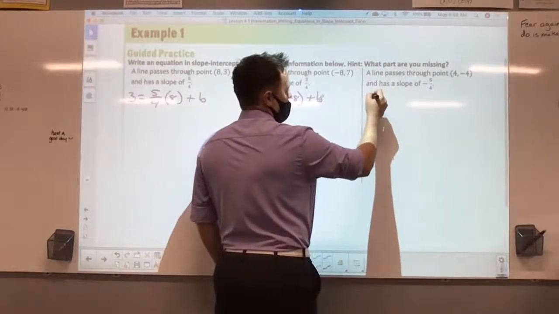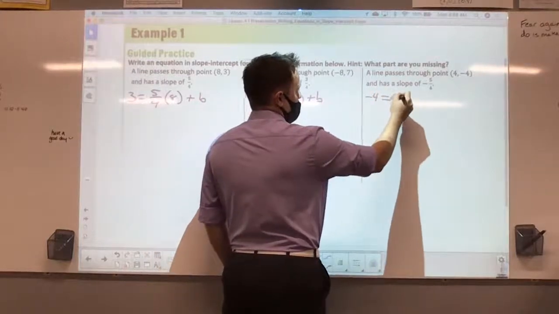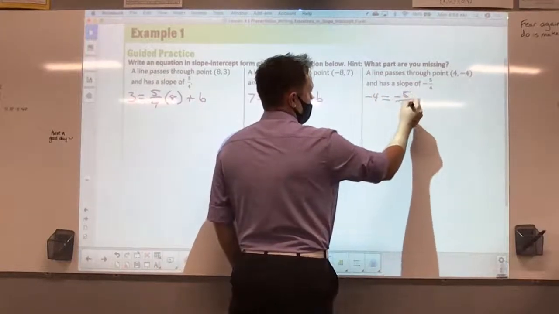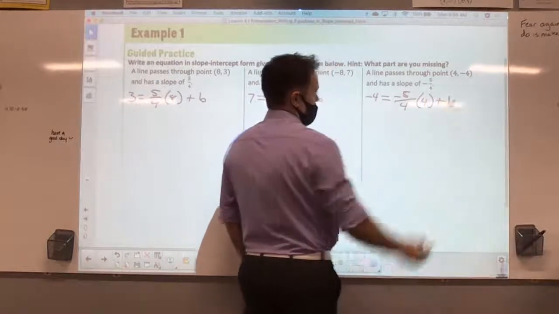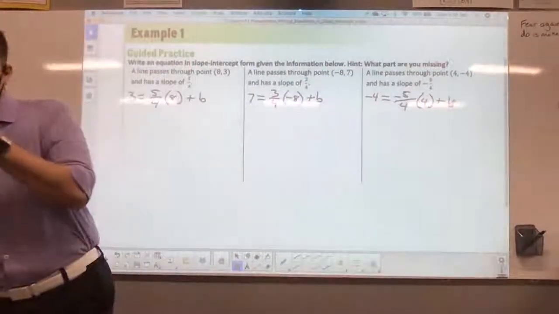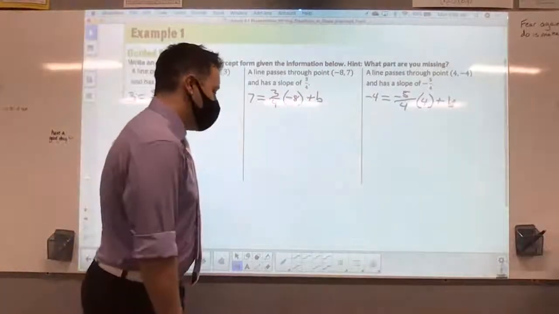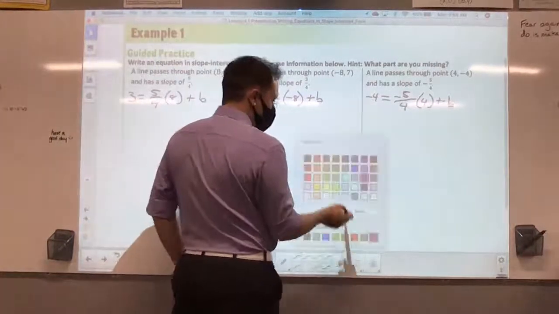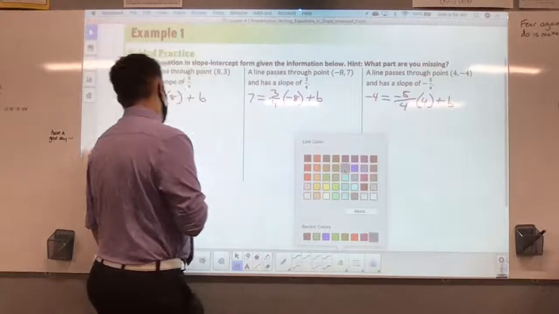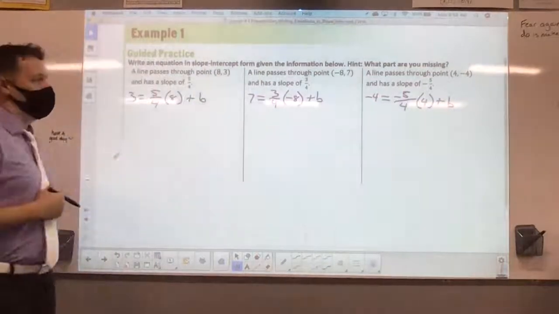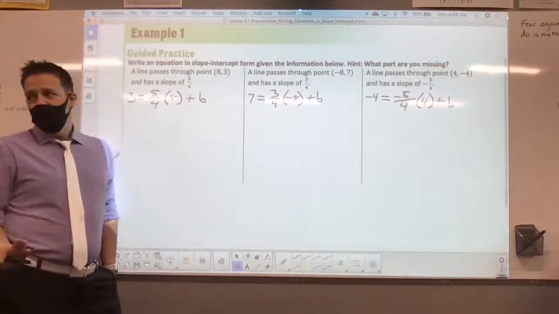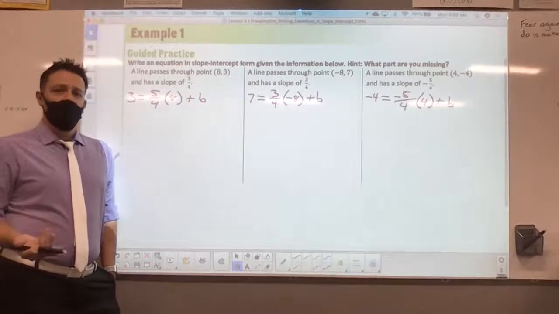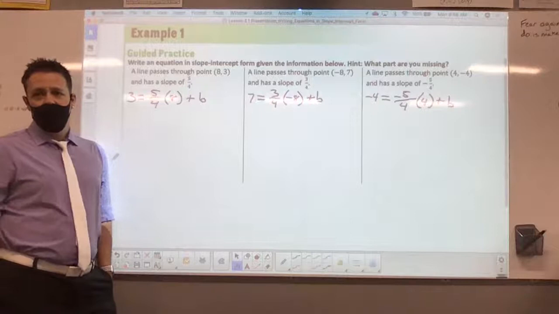Y equals mx plus b. If you get tired of hearing me say that, I apologize, but ladies and gentlemen, that's how you're going to have to do this. Understand when you're writing stuff down what it means. Nobody in here is going to enter the business realm and write stuff down on a piece of paper and not know what it means.